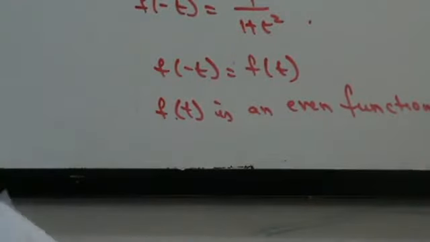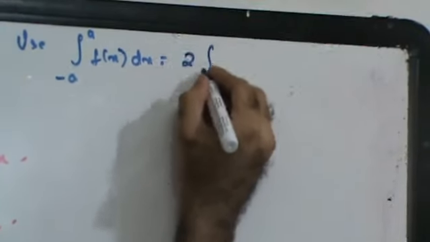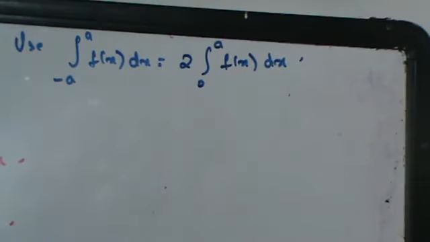For even functions I could use the formula that the integral of minus a to a f of x dx is equal to twice the integral from 0 to a f of x dx.